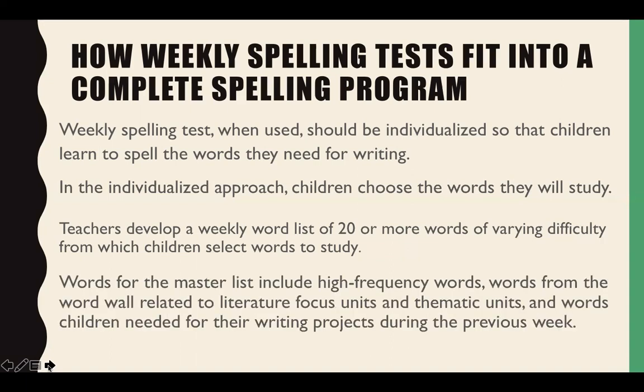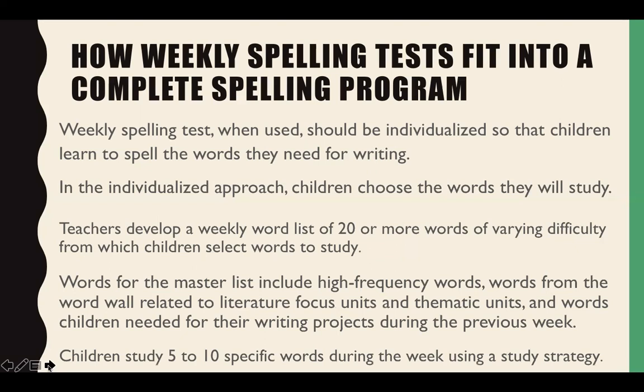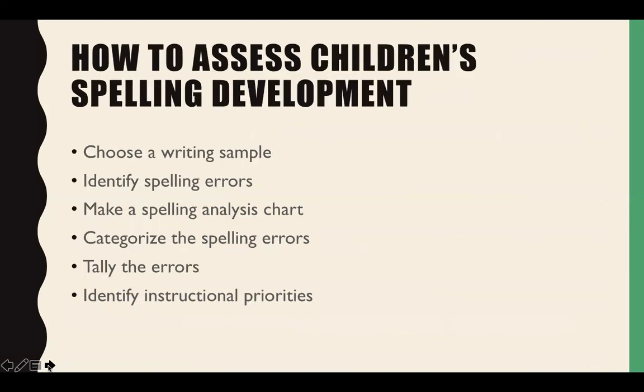Words for the master list include high-frequency words, words from the word wall related to literature focus units and thematic units, and words children needed for their writing project during the previous week. Children study 5 to 10 specific words during the week using a study strategy. So this is how spelling tests fit into a complete spelling program.